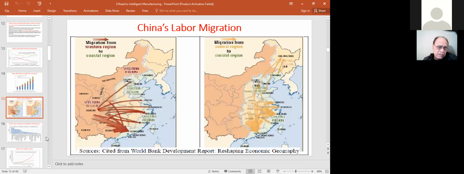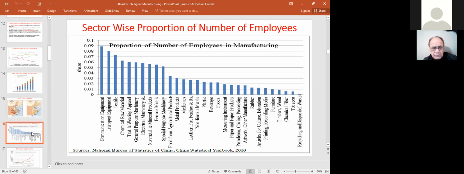And in this next diagram, this is also a bar chart, and it gives you the percentage, the proportional share of the number of employees in manufacturing and different trades of manufacturing. As you see, the tallest bar is communication equipment.